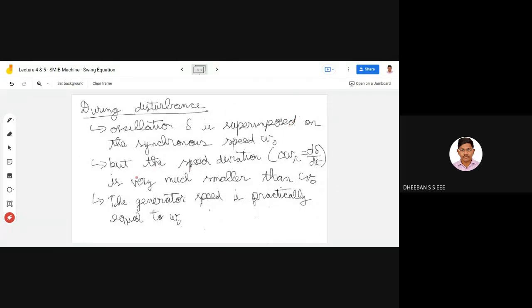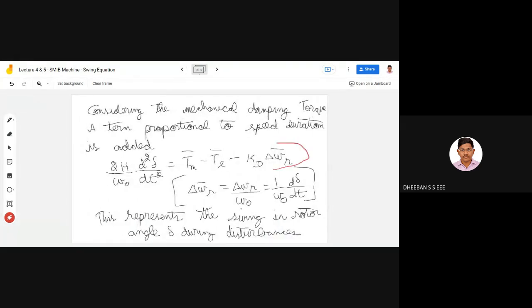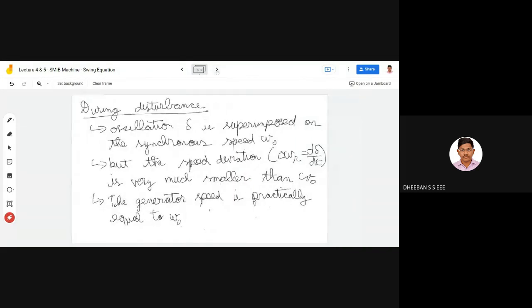And after that, the speed deviation is very much smaller than your omega naught. The speed deviation is nothing but omega r minus omega naught, and hence it will be very small. The generator speed is practically equal to your rated value.